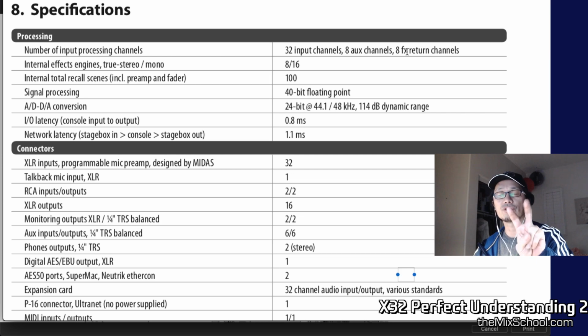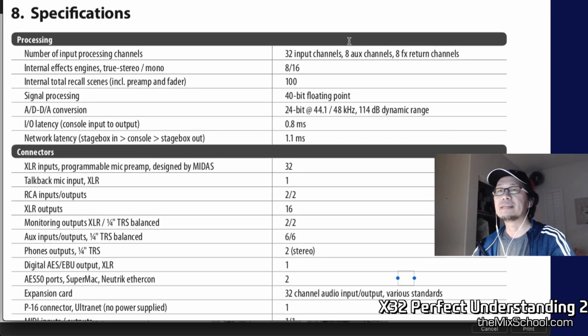Each one has 2 inputs, 2 outputs, so a total of 8 return channels. That's the maximum capability. So we know it's not just 32, it's 48: 32 plus 8 plus 8. So actually the X32 has 48 channels that can do the whole mixing.